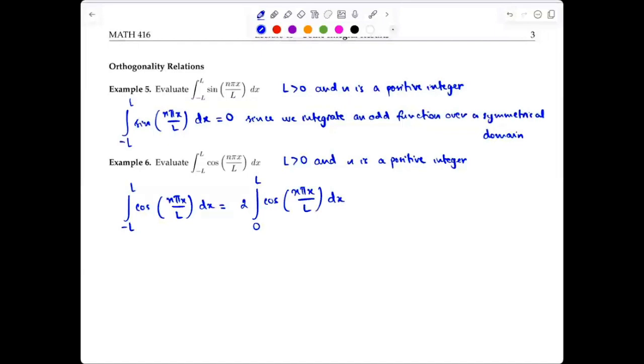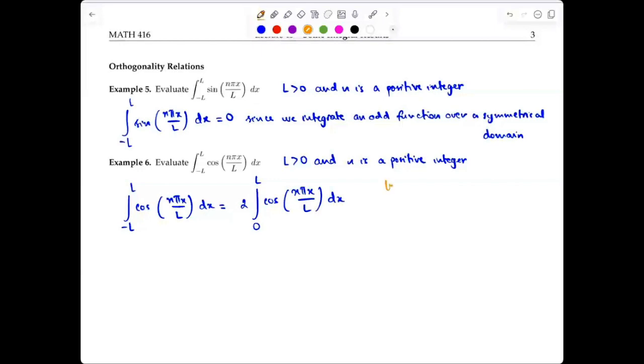If you remember the technique for how to evaluate this cosine function, please go ahead and do it. In this case, the issue is going to be the angle n pi x over L. You can use substitution to get rid of that n pi x over L. So let me do that.